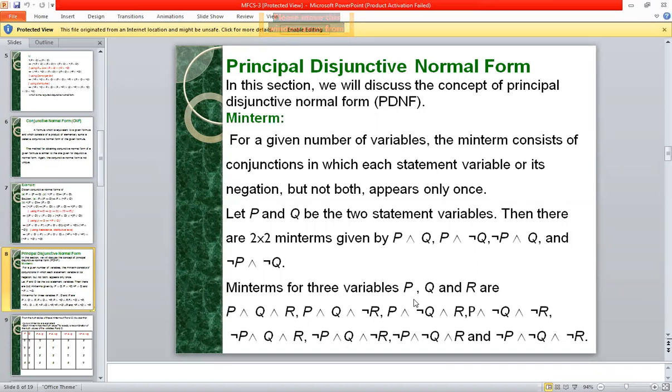So this is not an example of a minterm. A minterm consists of a variable or its negation, but not both, appearing only once.